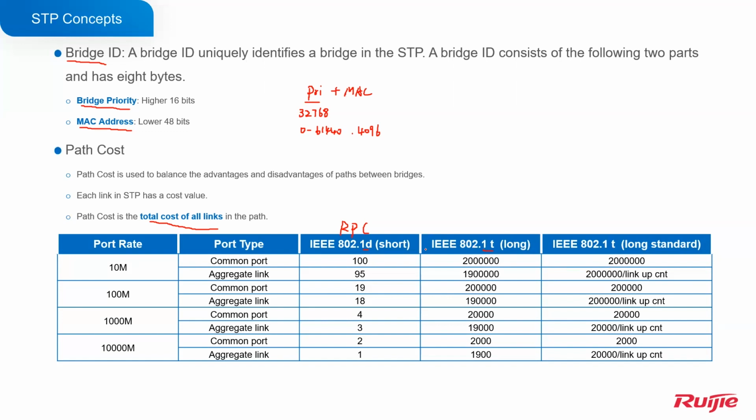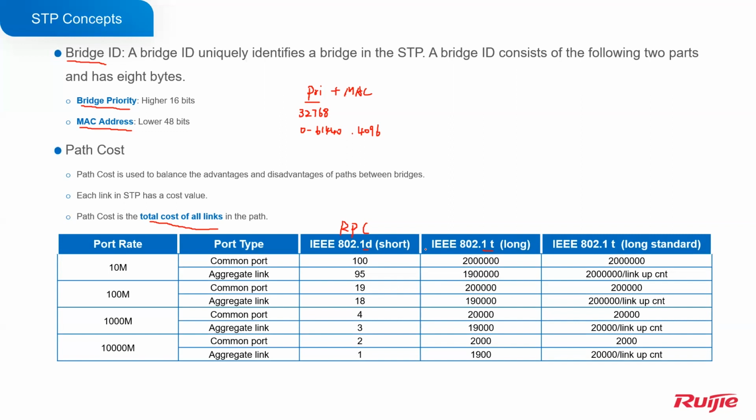For example, if you want to use 802.1D, in the command lines you can use the commands to change it. Short is related to 802.1D. Long is related to 802.1T, and it has another mode, long standard mode.